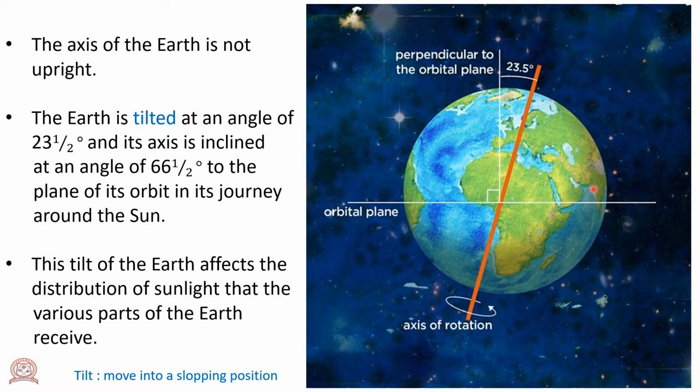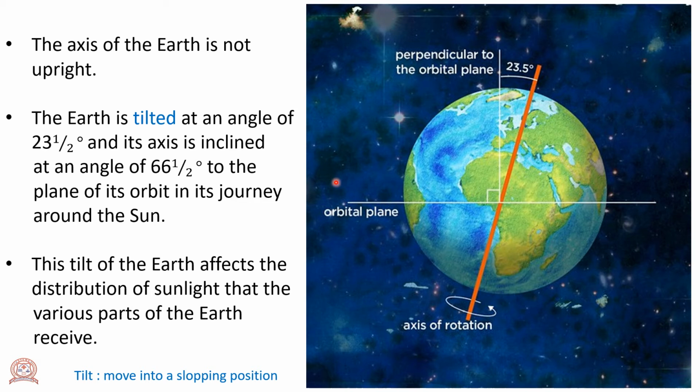The tilt of the earth affects the distribution of sunlight that the various parts of the earth receive. That means because of the tilted position of the earth, the sunlight is received differently in different parts of the earth.